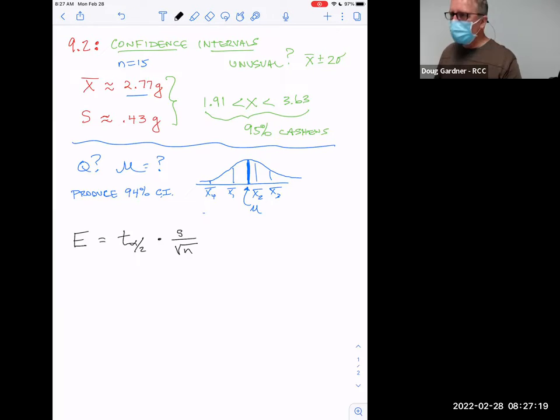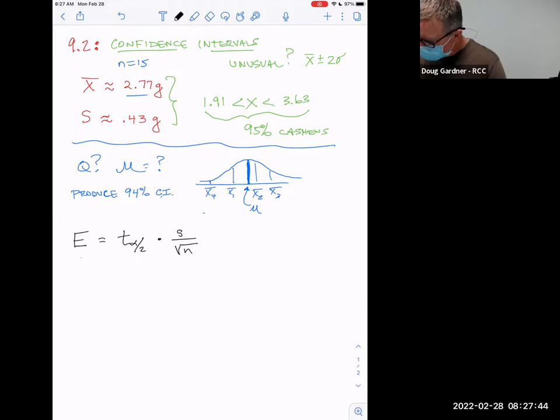Because remember that 2.77 is not true, and it's better than nothing. We did do a study, but when you produce a confidence interval, you're saying, I think it's 2.77, but based on the error in this study, it could be off by 0.5 grams or 0.6 grams or whatever, and that's what we're trying to calculate right now.